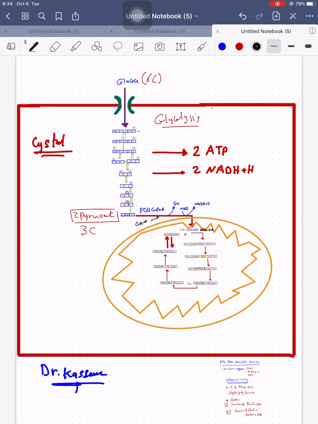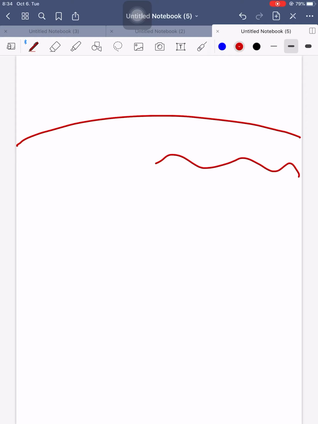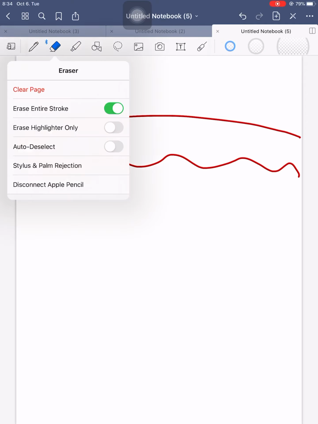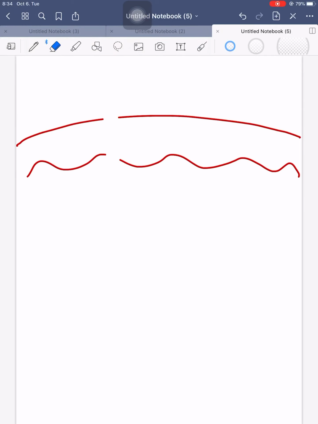So now we are inside the matrix of the mitochondria. What happened? What are the steps behind this? Just to make it clear, the mitochondria has an outer membrane and also an inner membrane, which is folded like this. You can see that we have a kind of transporter found here. That transporter brings in the pyruvate. Pyruvate, how many carbons, guys?